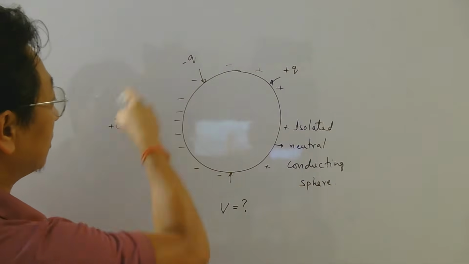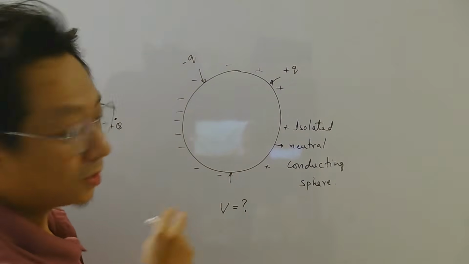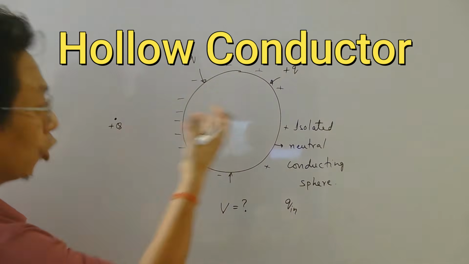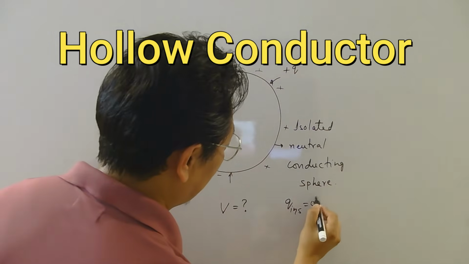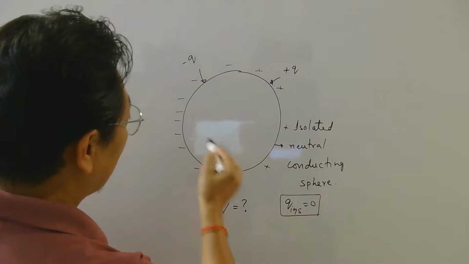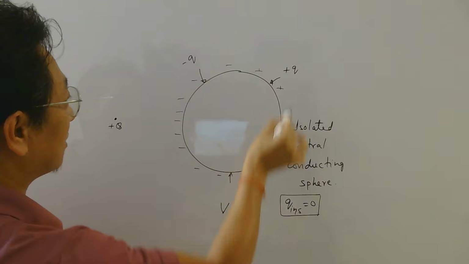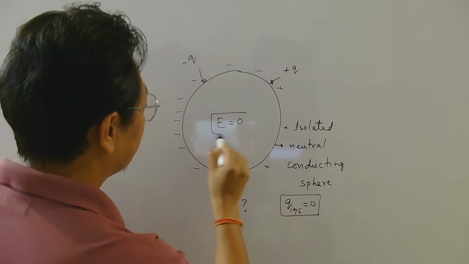Also, whatever charges are there are outside the conductor, so inside this there are no charges. Even if it was a hollow conductor, I have assumed no charges are present inside. So since there are no charges inside, the electric field due to charges outside, inside the conductor, must be 0.